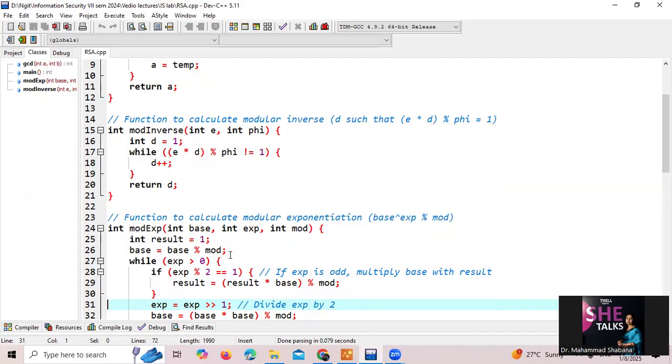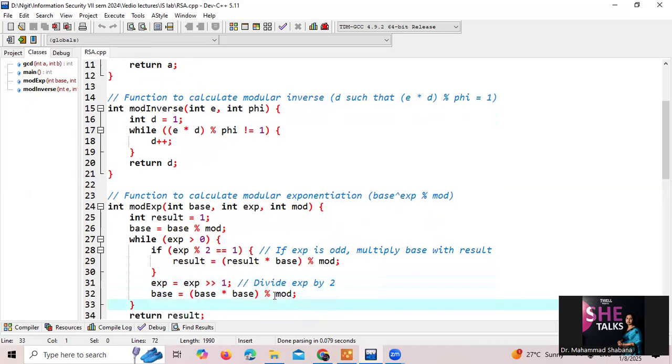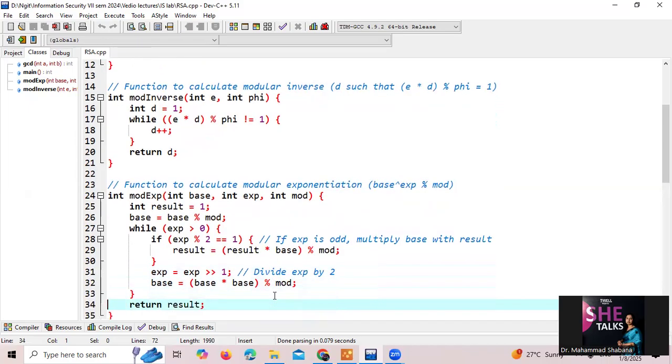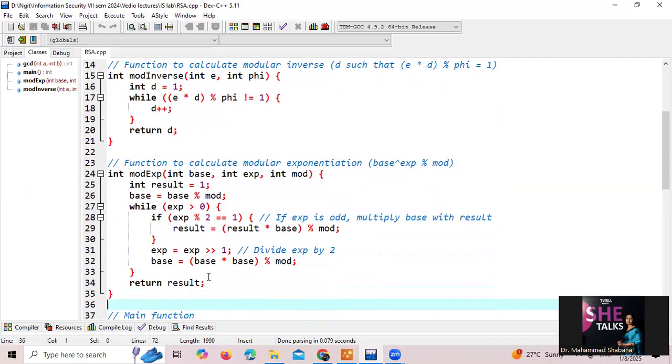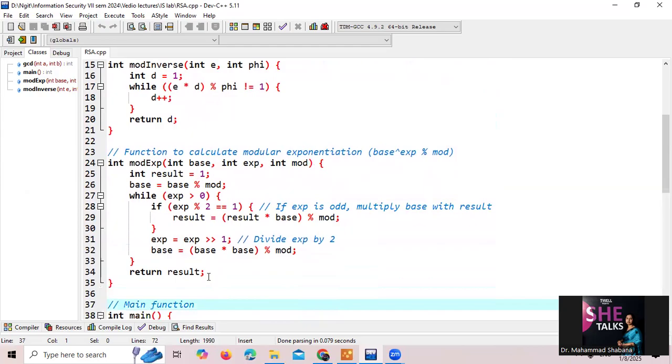It multiplies the current result with the base, and right shifts the exponent by 1 in each iteration. It squares the base and takes the modulo in each step. So this is how we calculate the modular exponentiation function.